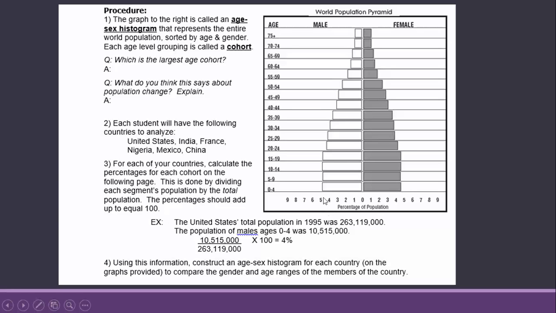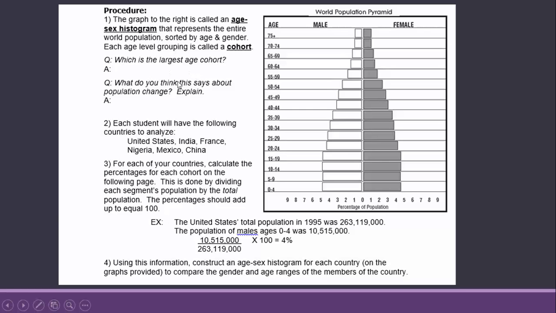What you're going to do is calculate the percentage of the population that falls within each one of those cohorts, and then plot it on either side of 0, female on one side, male on the other. It goes over how to calculate percentages, which you guys are very well versed in, so you should be fine there.